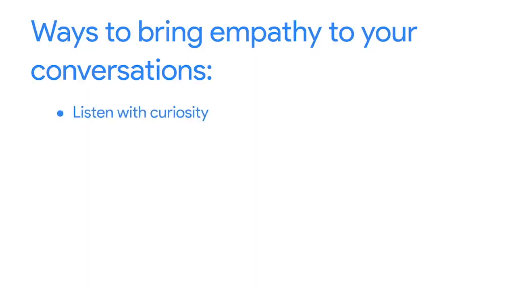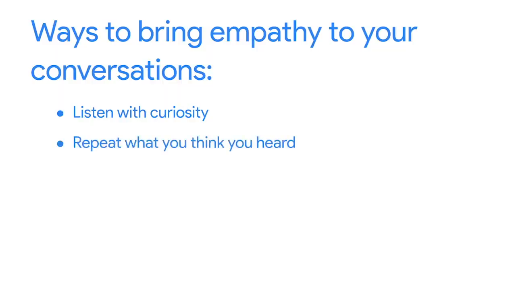There are several ways you can bring empathy to your conversations. One way is to listen with curiosity. Ask questions to demonstrate your interest in what people have to say. Rather than making assumptions or suggestions, start the conversation with a question. For example, you might ask the person how long a particular task took them on a previous project, rather than suggesting a time frame to complete a similar task.